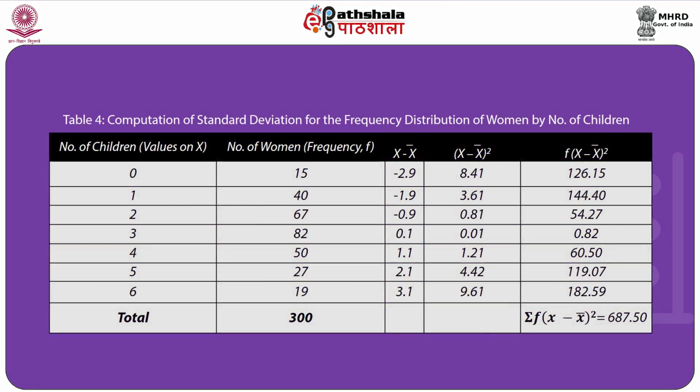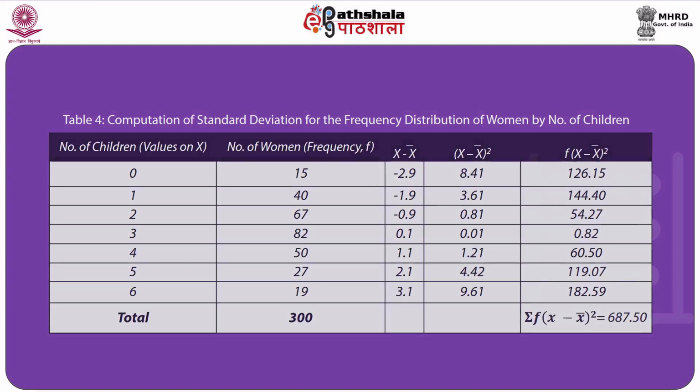Table 4 provides computation of standard deviation for the frequency distribution of women by number of children. The table clearly indicates the mean for the data given above is 2.9 and standard deviation is square root of 697.50 divided by 300, which is equal to 1.513.